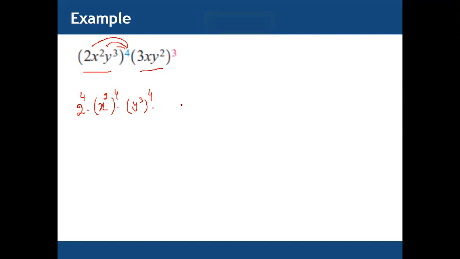Then the same 3 is for all: 3 power 3, x power 3, and y square whole power 3. First one we have 2 power 4, which means 16. Then x square whole power 4 means x power 8.